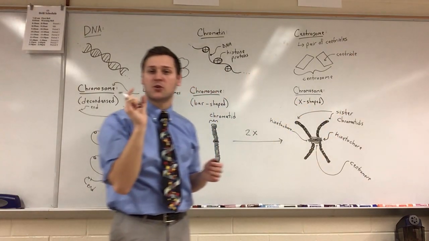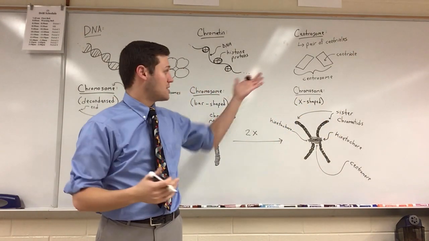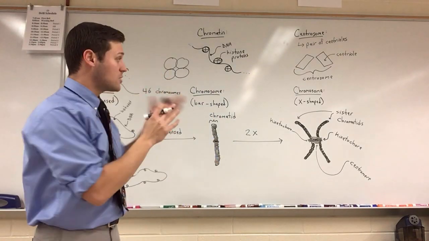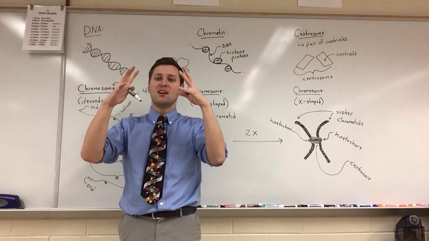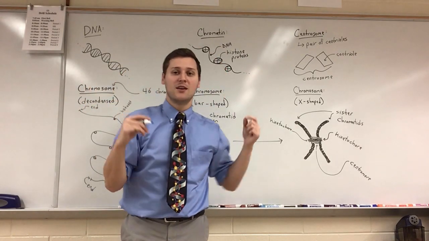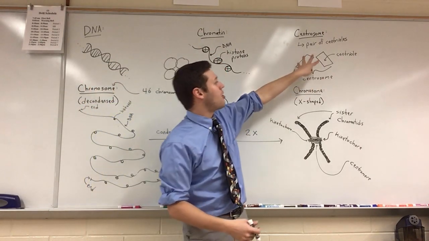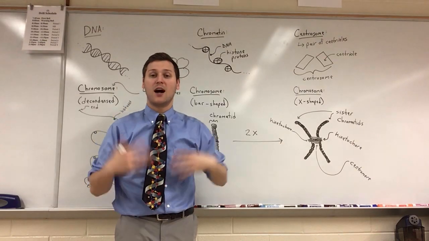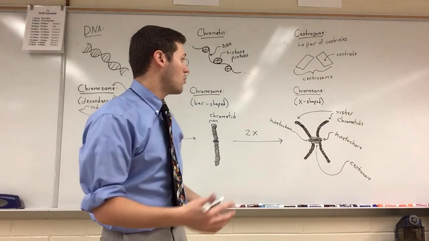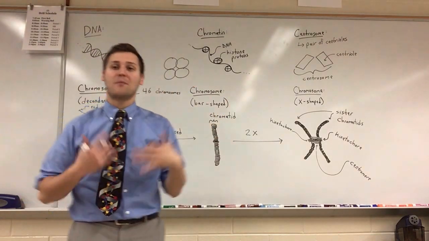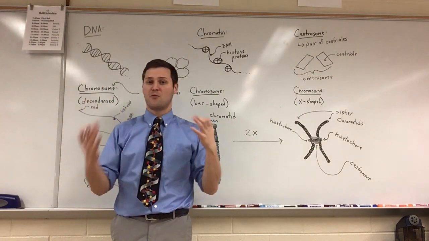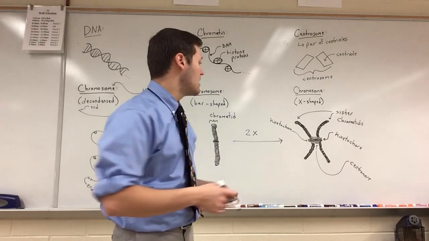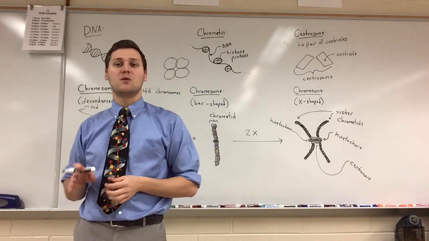So a pair of centrioles is a centrosome. Centrosomes are responsible for being the starting points of spindle fiber production. Spindle fibers are basically built off of the centrosomes during cell division. We'll talk more about that when we talk about cellular division, mitosis, prophase, metaphase, anaphase, telophase. So we'll talk all about that soon enough.